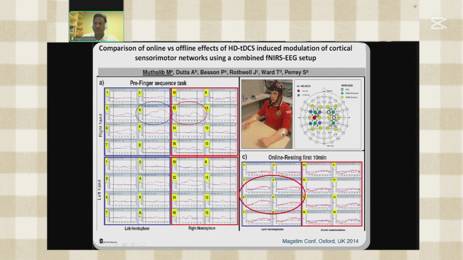The other aspect that we were interested in is what happens during the stimulation. And these changes on the bottom right panel are actually quite large changes, and we wanted to see what this represents. So this is around 2013-14 that we did this work.